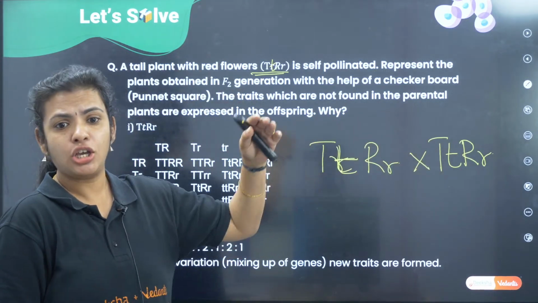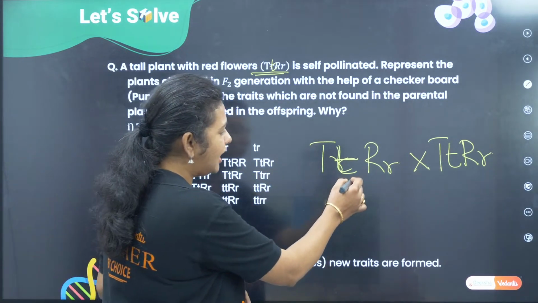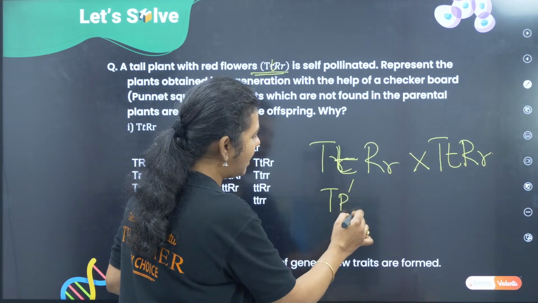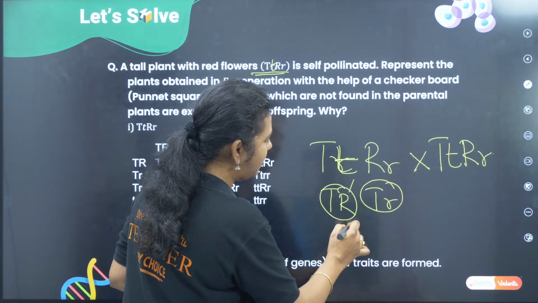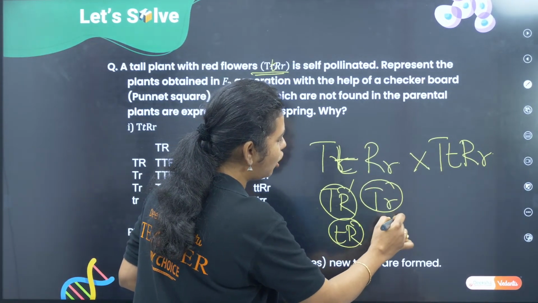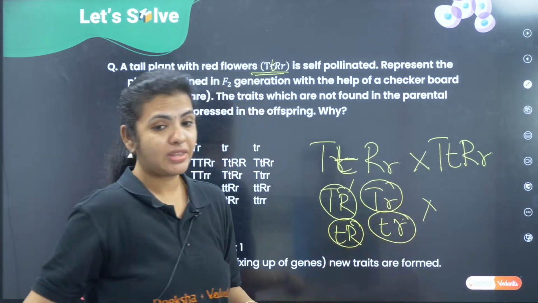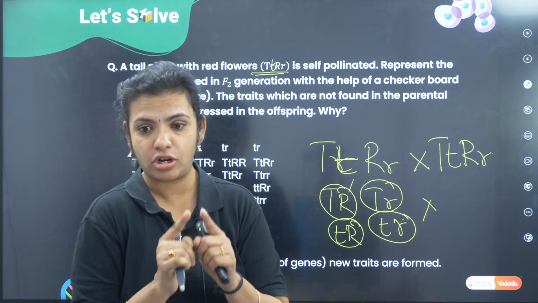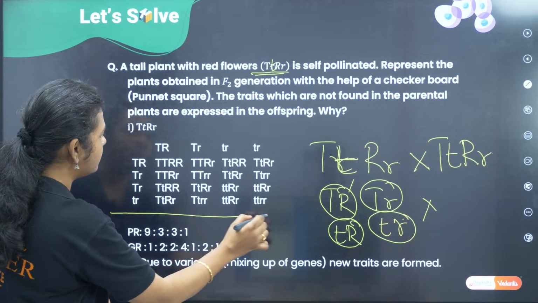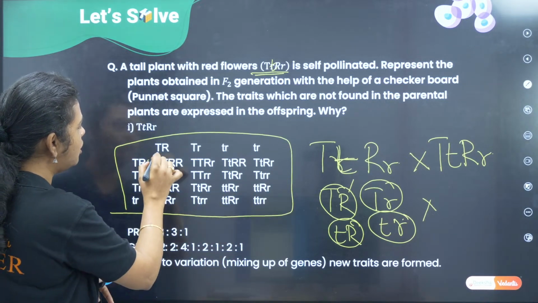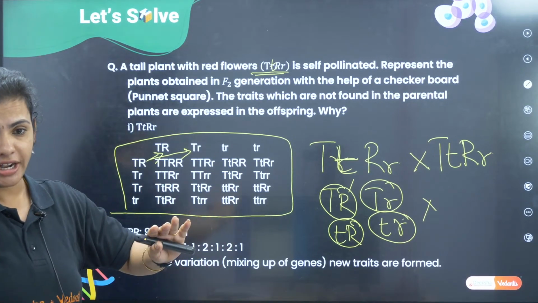When you do the cross, you will get gametes in all possible genotypes: capital T capital R, capital T small r, small t capital R, small t small r. Same for the other parent, which you will draw, and then you put a Punnett square or a checkerboard, which is already done here. You just have to cross each of these and you will get this.